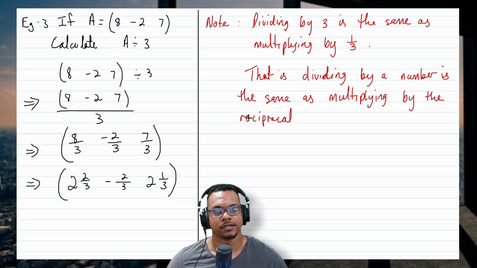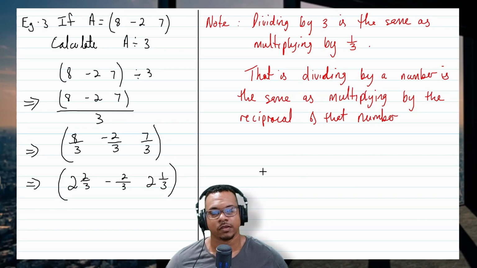I'm not using words there, but don't worry, I'll explain it if you don't know what reciprocal is, but I think everybody should know that. Okay, so we are applying it here. I'll put an example after.